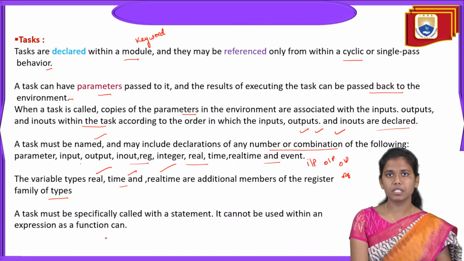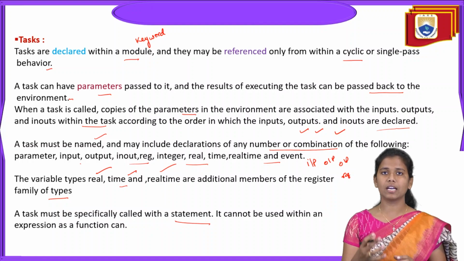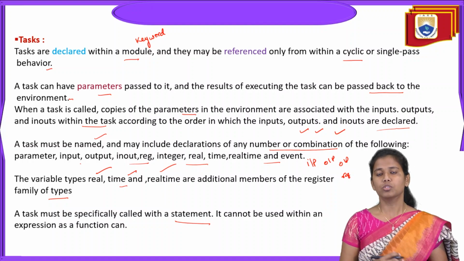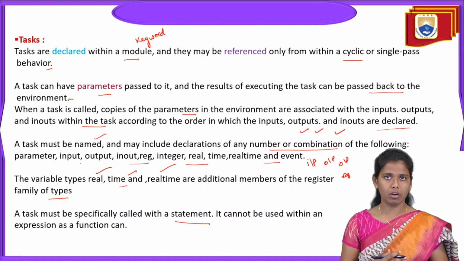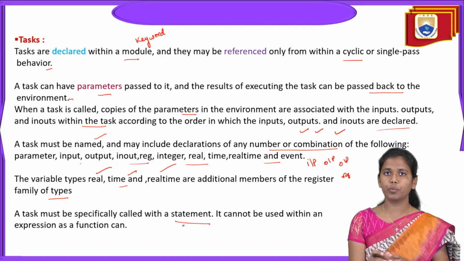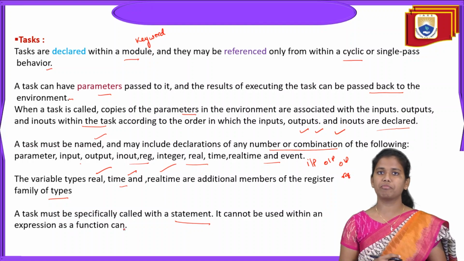Then a task must be specifically called with a statement. A task is to be mentioned inside the module, and we call the task with a statement. It cannot be used within expressions as a function can.